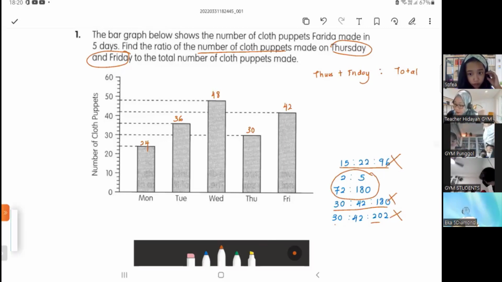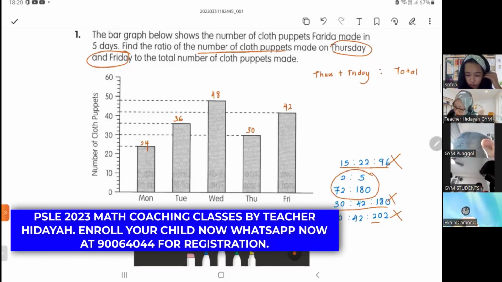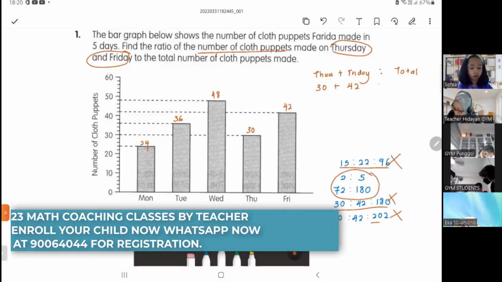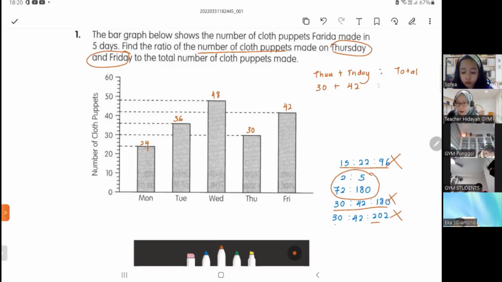So let's look at Thursday. Thursday is 30 plus Friday is 42, and our total is, add up everything, right? So 24 plus 36 plus 48 plus 30 plus 42 equals 180. So 72 is to 180.